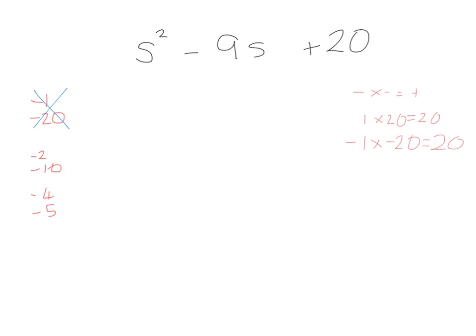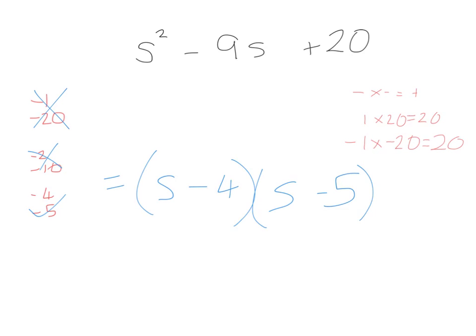Minus 2 plus minus 10 would be minus 12, that's not going to work. Looking at this last one, minus 4 plus minus 5 would give me minus 9, that one is going to work. So I can write the factorised expression as s minus 4 and s minus 5.